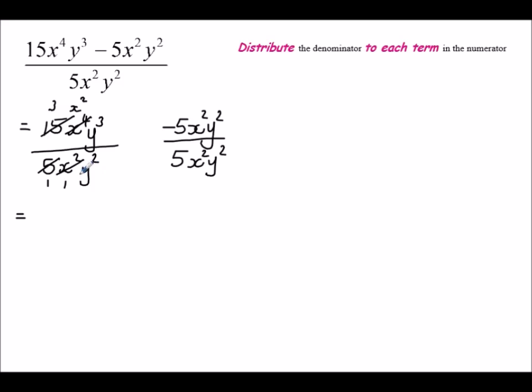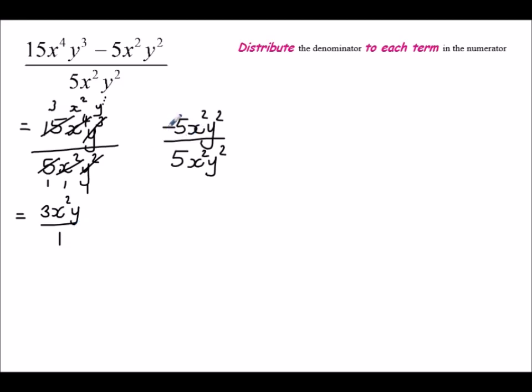I've got more y's in the numerator, so I cancel that, and that will be y to the 3 minus 2 is 1. And now this term simplifies to 3x squared y to the 1, or just y, over 1.